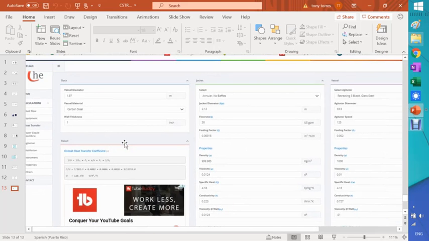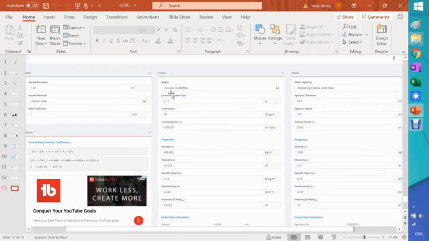The other part is the jacket side. Here the jacket is annular, no baffles, no spiral or anything, simple. The diameter of the jacket, this is the outside diameter. The flow rate, I keep it as gallons per minute because it's easier for me. The fouling factor of the jacket is important. The density is about 1,000. Viscosity about 0.01 centipoise.